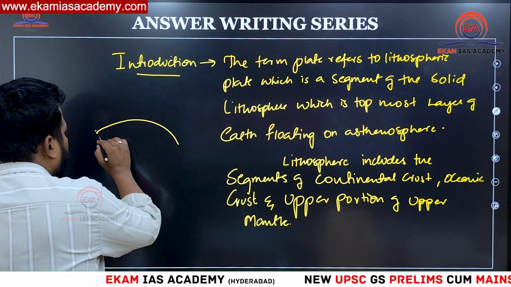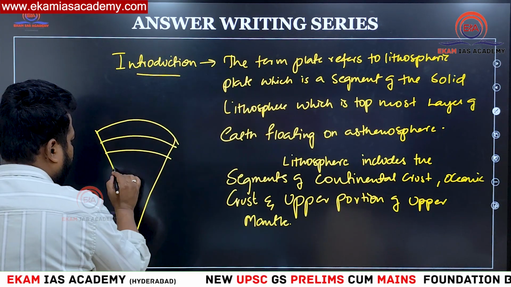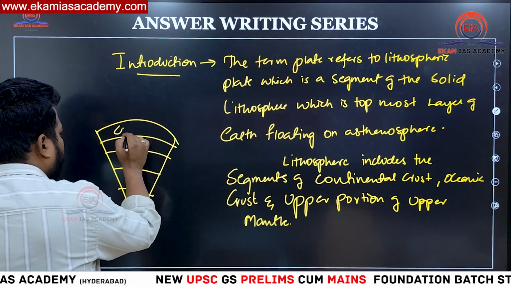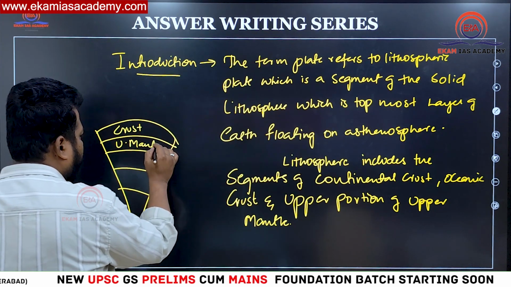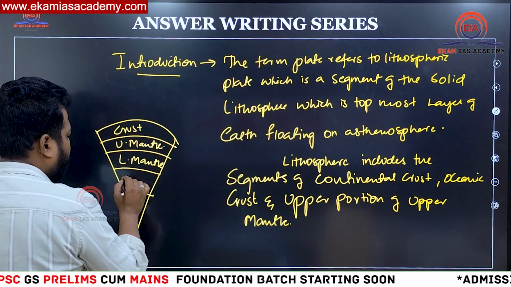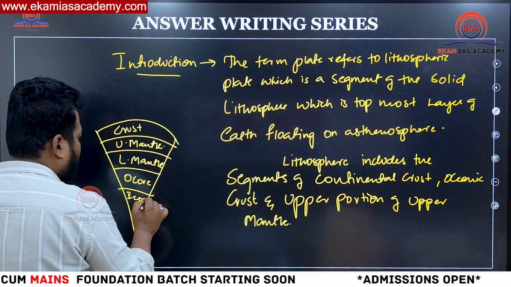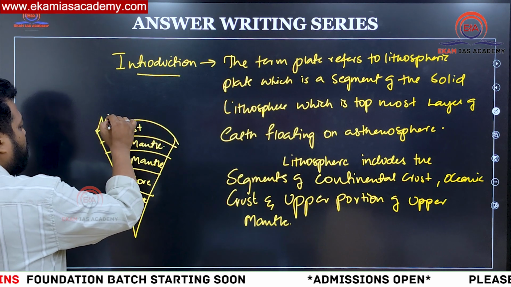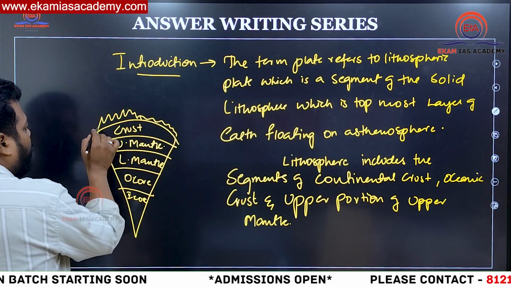If you want, you can also draw a diagram here: crust, upper mantle, lower mantle, outer core, inner core. On this crust we may have the continental element, we may have the water body.